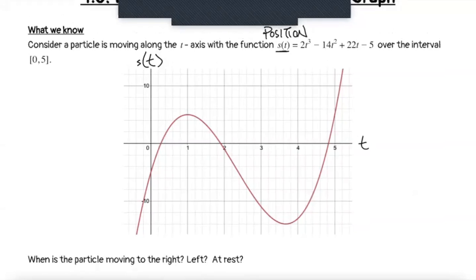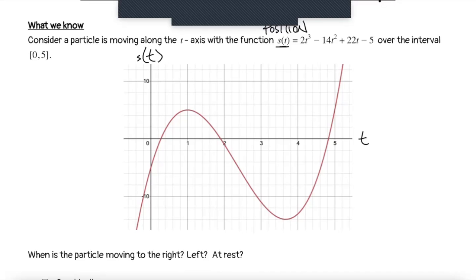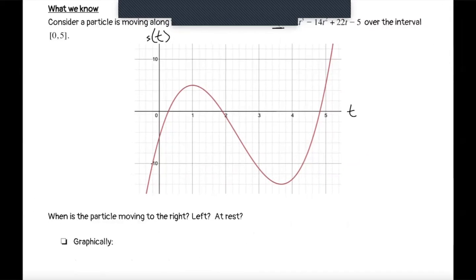All right. And so we could say position, we could say s of t, we could say x of t, but all of those things just represent the position of the particle. Like, where is that particle with respect to time and a center point? All right. And so let's go ahead and take a look at some things that we know from the graph.